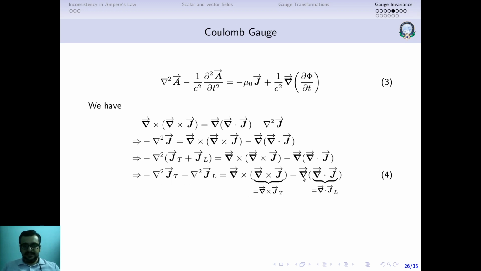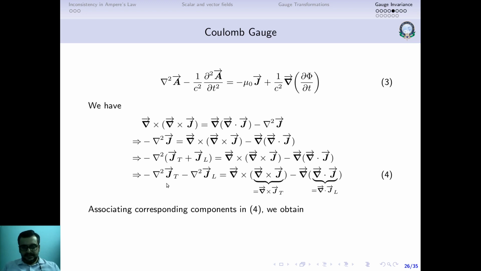Now compare the left hand side and the right hand side. One is a tangential, or solenoidal component, and the other is a longitudinal, or irrotational component. So I can associate the corresponding components.